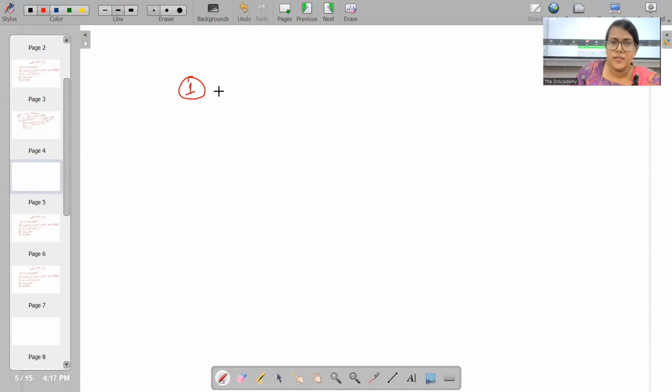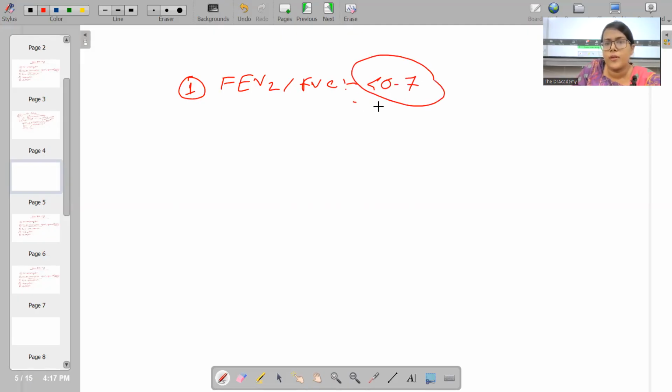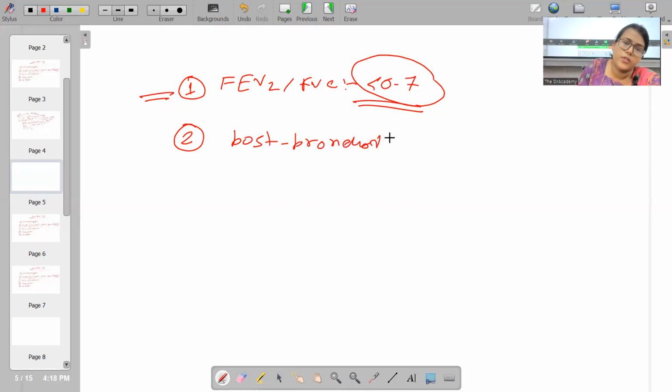Number 1 is the FEV1/FVC ratio, which will show an obstructive pattern, so that means less than 0.7. With high probability clinical criteria or intermediate risk factors, if the FEV1/FVC ratio is less than 0.7, it means there is some form of obstructive condition going on. If this is not conclusive, the second one you can go for is the post-bronchodilator test.